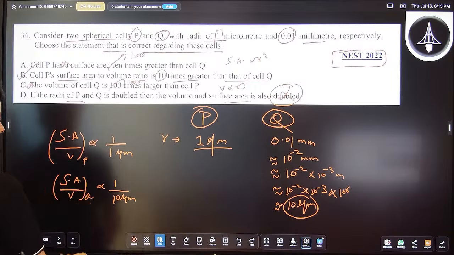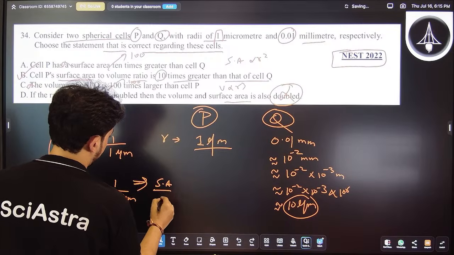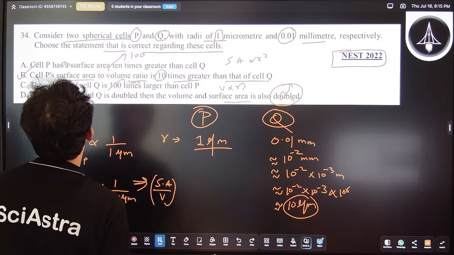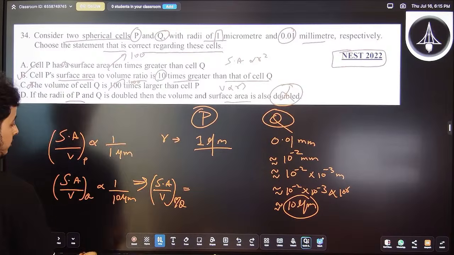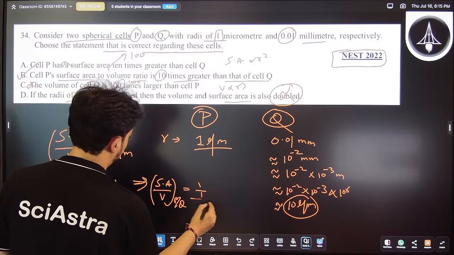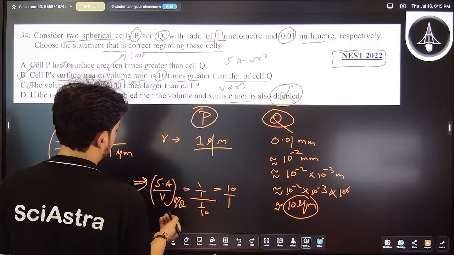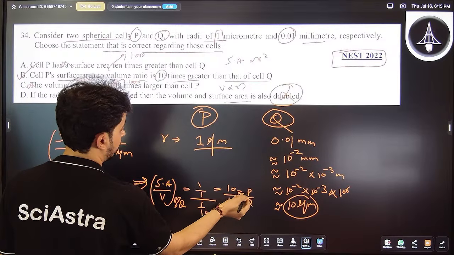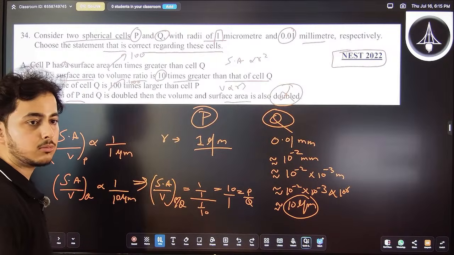So if you divide these two, the surface area to volume ratio of P to Q, it will be nothing but 1 by 1 divided by 1 by 10, that will be 10 by 1. So you can say that the surface area to volume ratio of P is 10 times that of Q. So I hope that is clear, okay.